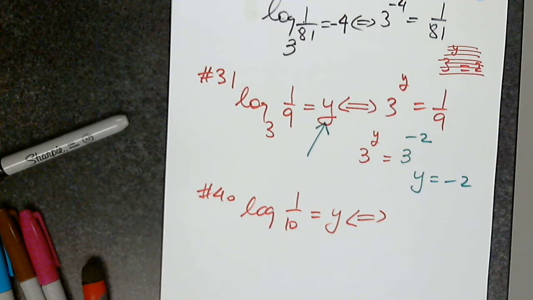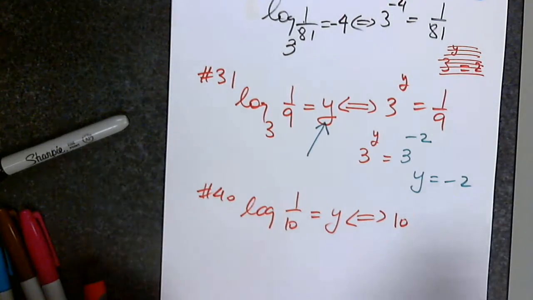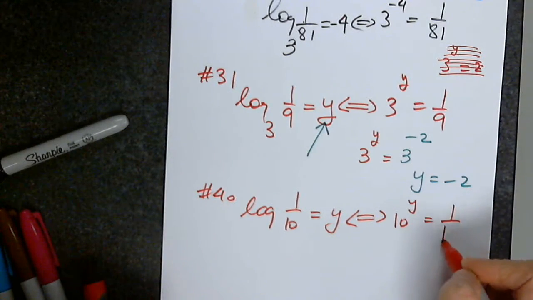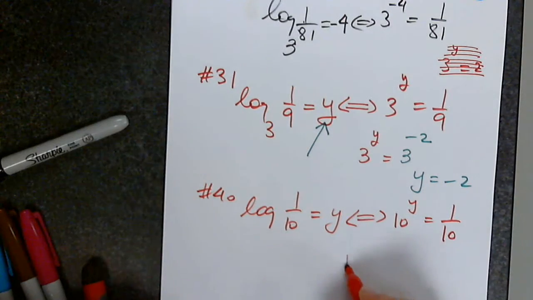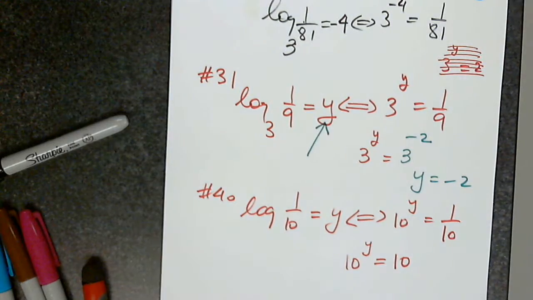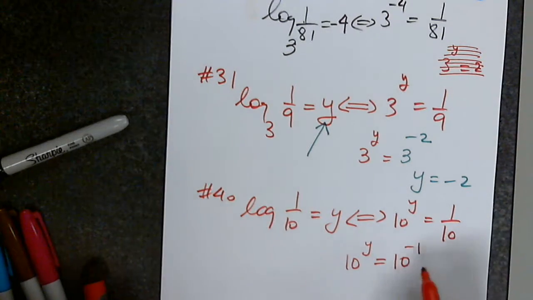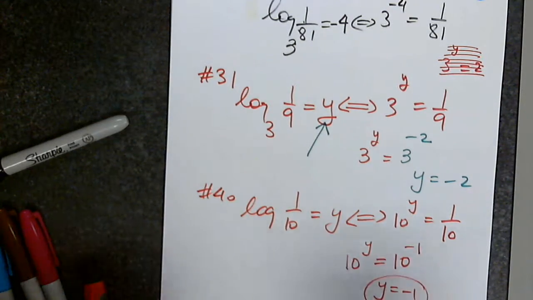When I see log, although there's nothing in there, which base is that? 10. So then 10 raised to y equals 1 over 10. I have to have the same base on both sides. So 10 to y equals 10 raised to negative 1. So therefore, y must be negative 1. Very good.